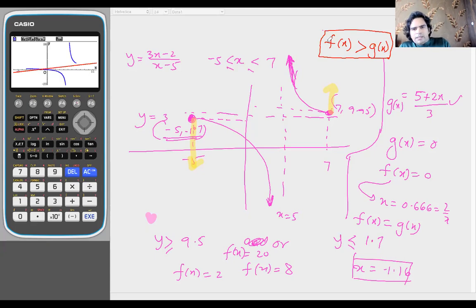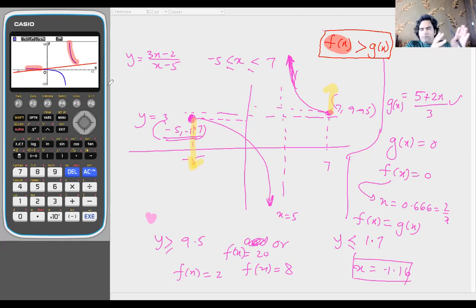I wanted this f of x graph to be above the g of x graph. That's how I would solve the inequality graphically, looking at the function. For what x values is my purple graph lying above the red graph? You can clearly see from here, this part is above and this part is above.